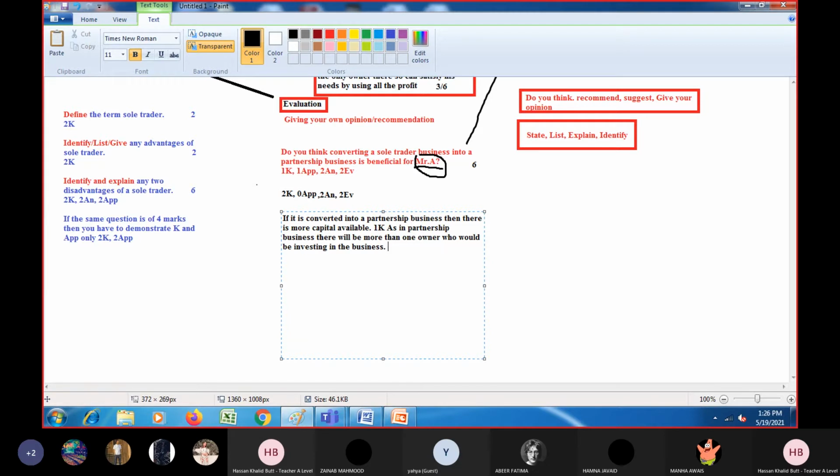Like, with larger capital, Mr. A will be able to expand his business by opening a chain of grocery stores.